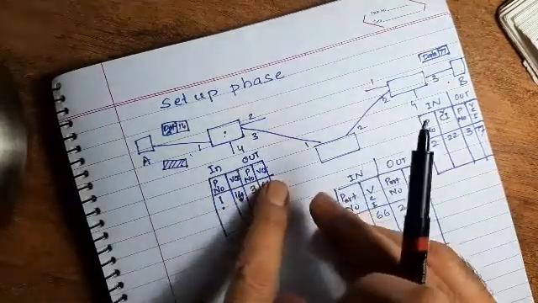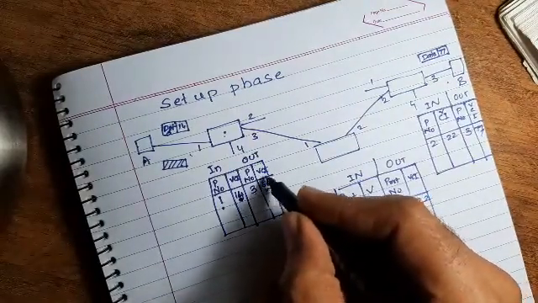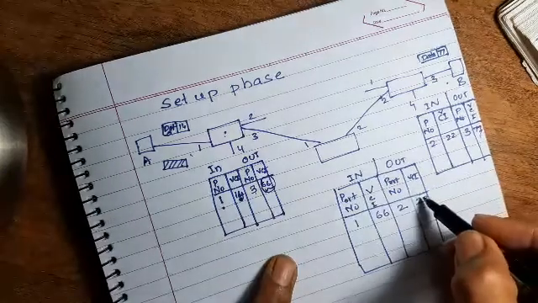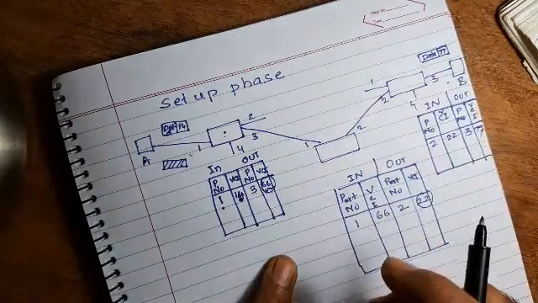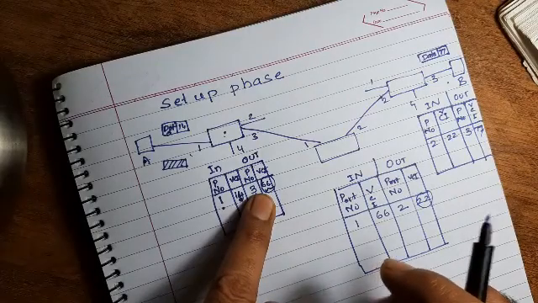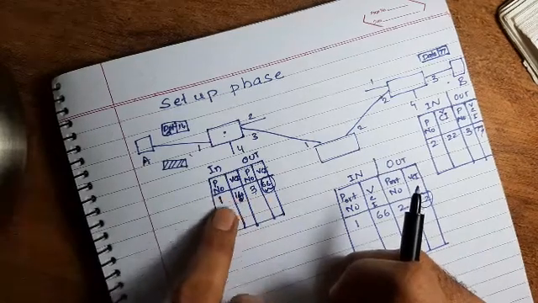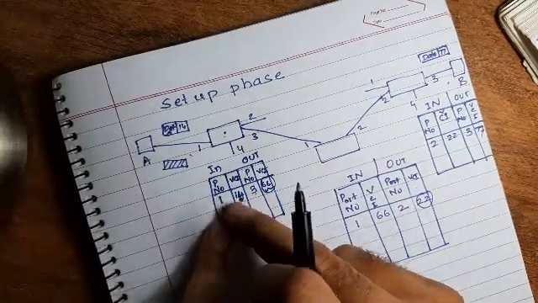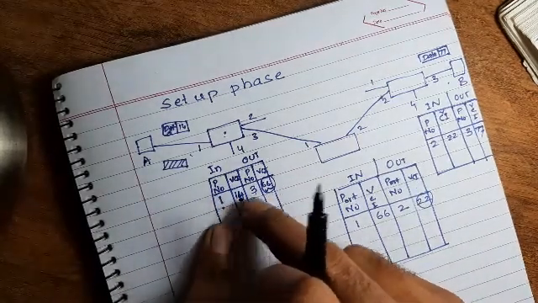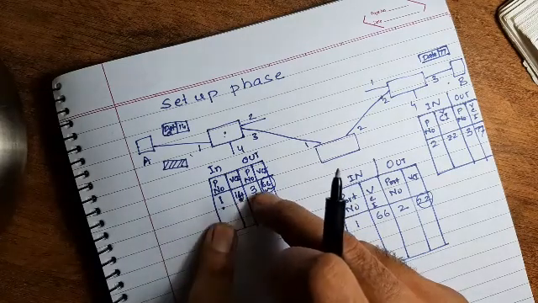But this particular entry will not be there in the table during the setup phase. This entry will only be made when we get the acknowledgement. So during the setup phase, only these 3 entries in the virtual circuit table will be completed.